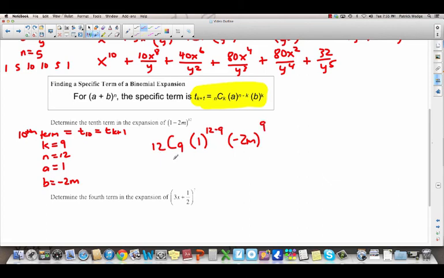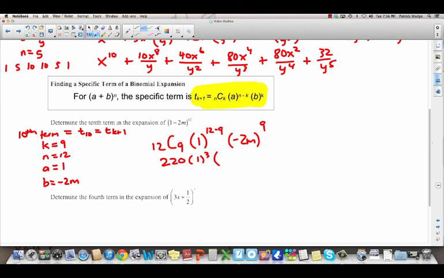Okay, 12 choose 9. You could use Pascal's triangle, but you'd have to extend it a little bit because I didn't go down that far. Or you could pull out your calculator and do 12 choose 9. When you do that, you will find it is 220 times 1 to the third power times negative 2 to the ninth power.